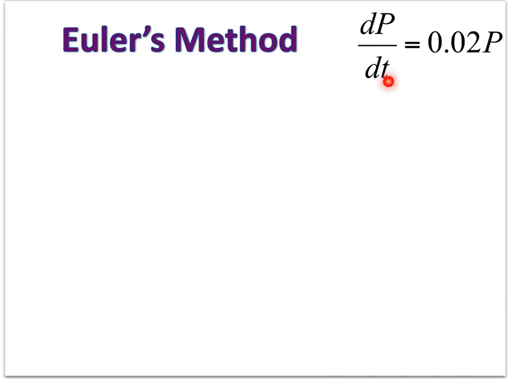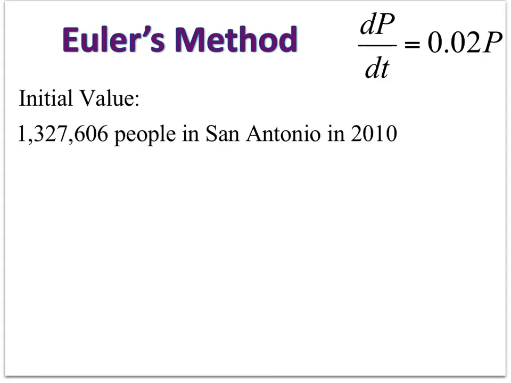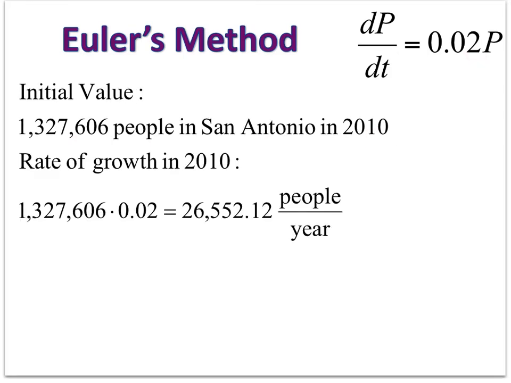So if I have my change in population over change in time, and my initial value is the initial number of people in San Antonio in 2010, I can certainly find the growth rate by using my differential equation. I simply take the rate times the population, and this gives me the change in population per year.